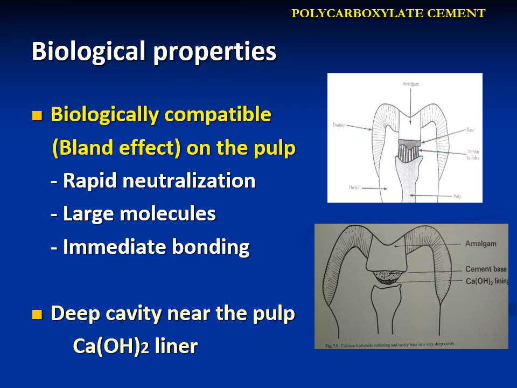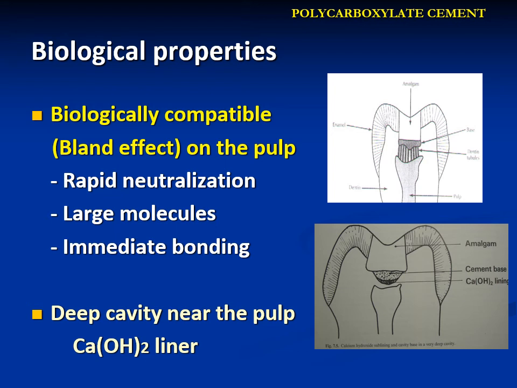That's why it cannot pass through, and that's why it is bland to the pulp. Also, it has an immediate bonding to the tooth structure. All these are reasons why it is compatible, although the pH of the liquid inside the bottle is lower than that of the zinc phosphate.